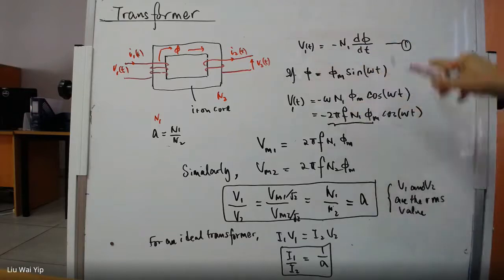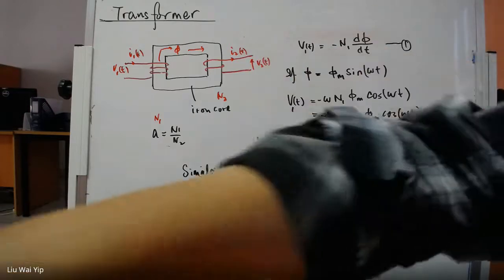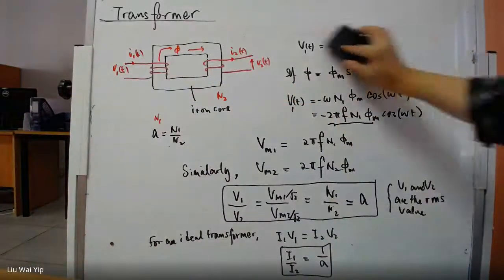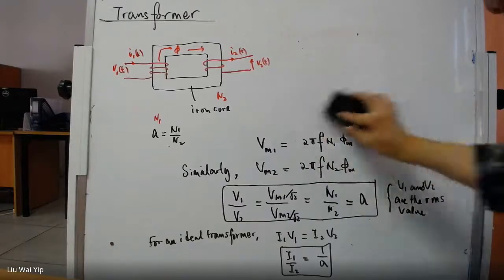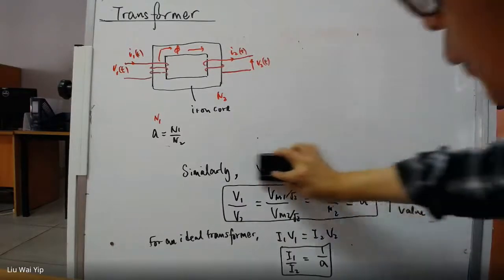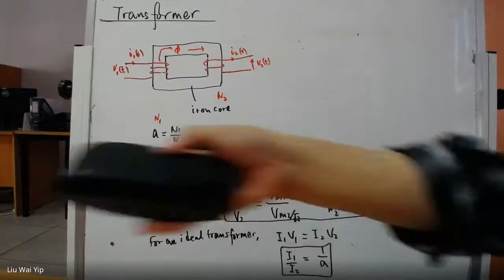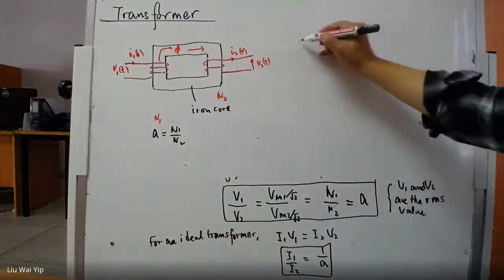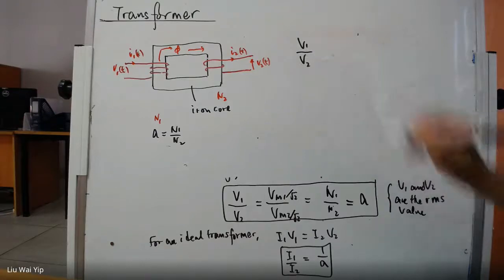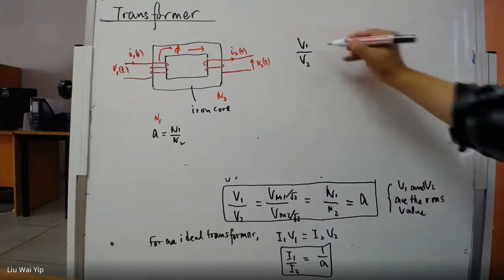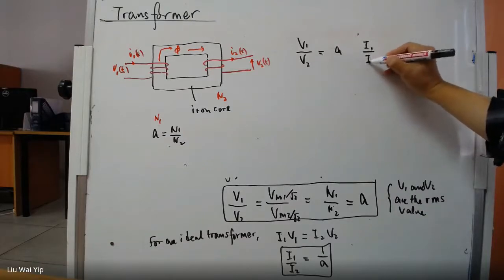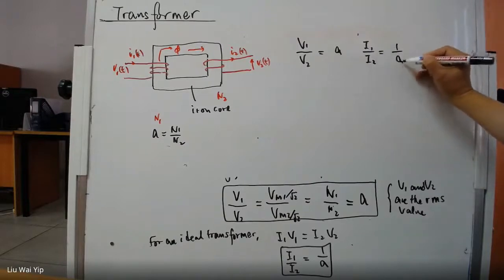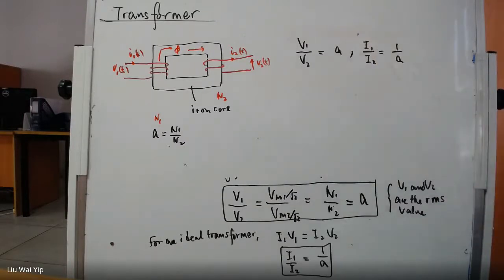I'm going to erase this part, and then we continue. And now, what we have is V1 divided by V2, which are root mean square, is equal to A. And another thing is I1 divided by I2 is equal to 1 over A. So these are the important findings we have got.